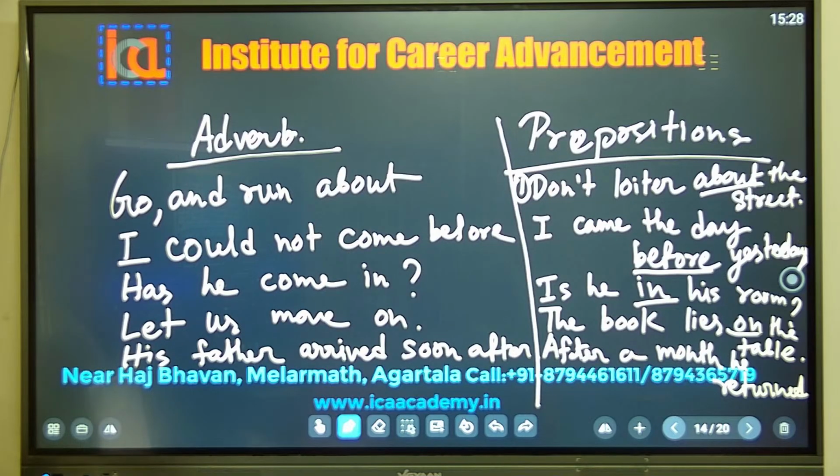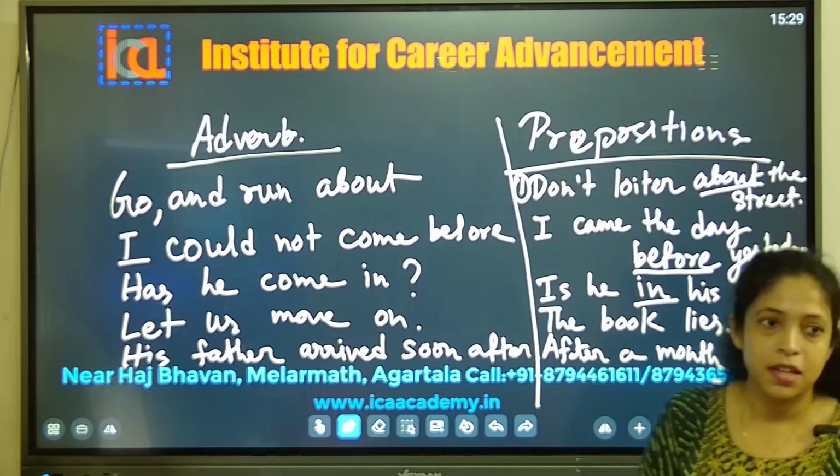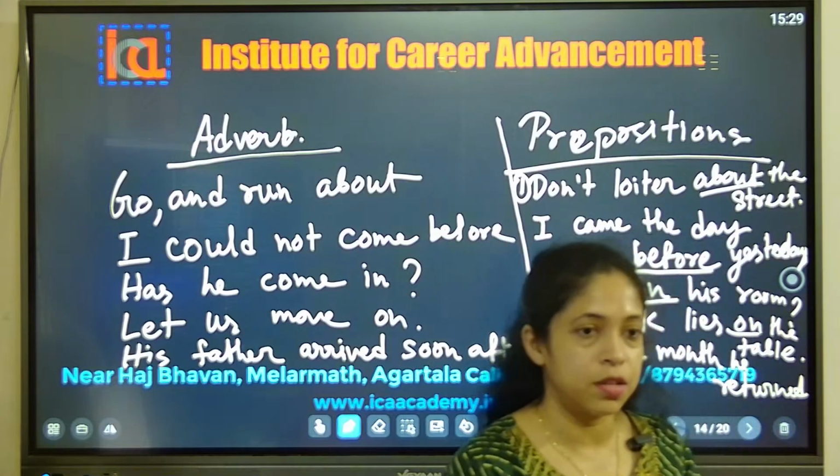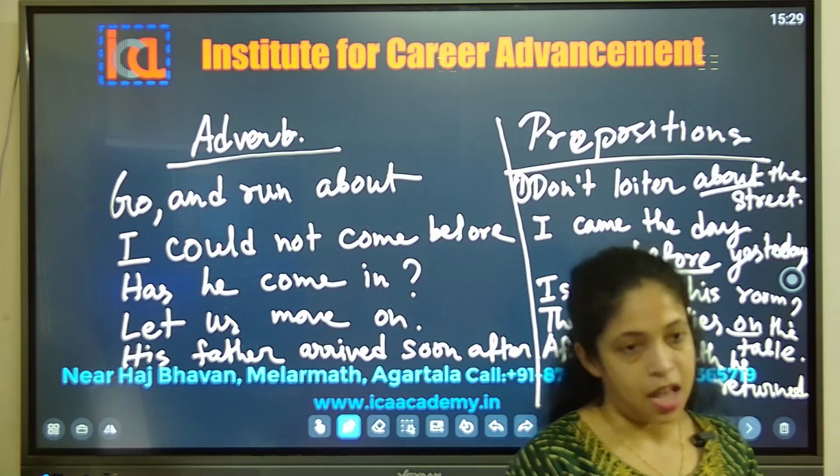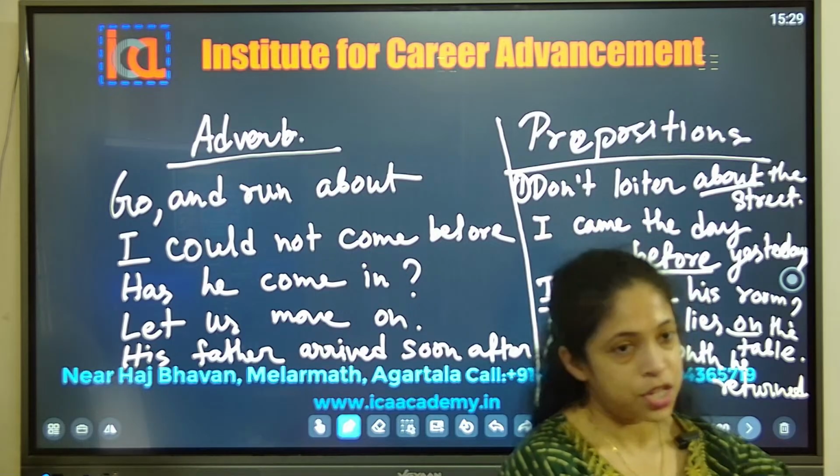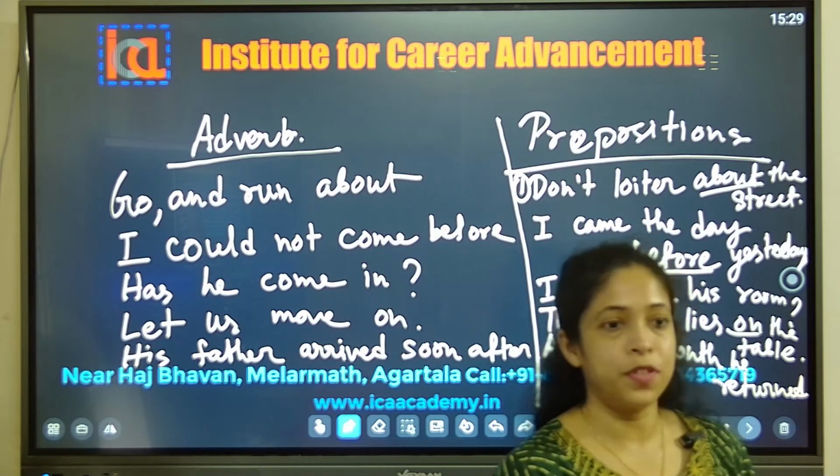Month, return. Okay, you are telling, but it should be clear to you why these cannot be prepositions. Month means what? Which words do we say can be months? These are the names of a thing.